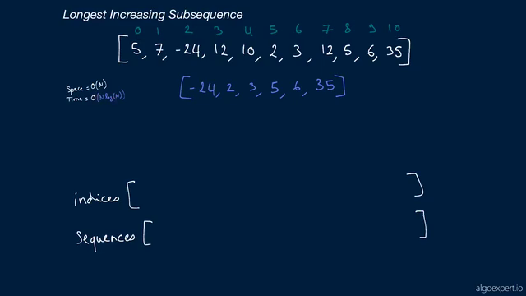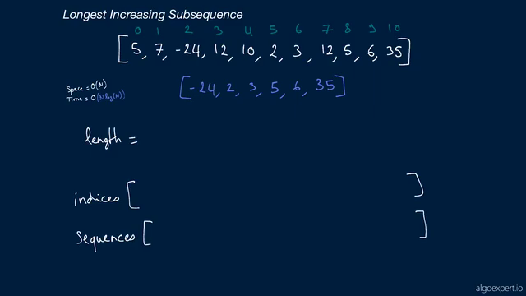But at each iteration, we're also going to have a variable that we call length. This length is basically the longest increasing subsequence that we've come up with thus far. What's the length of the longest increasing subsequence that we've come up with thus far?